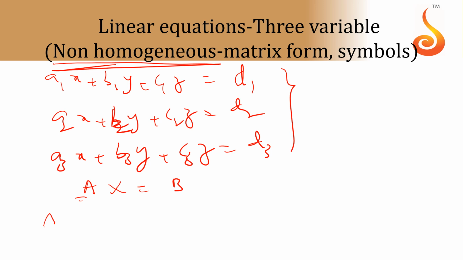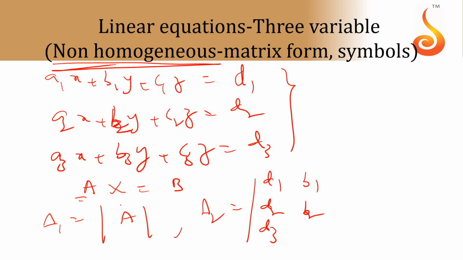Here also you can define delta 1, delta being det A, and for delta, replace the first column with d1, d2, d3. Similarly you can define delta 1, delta 2, delta 3. Delta 1 means first column replaced with d1, d2, d3.